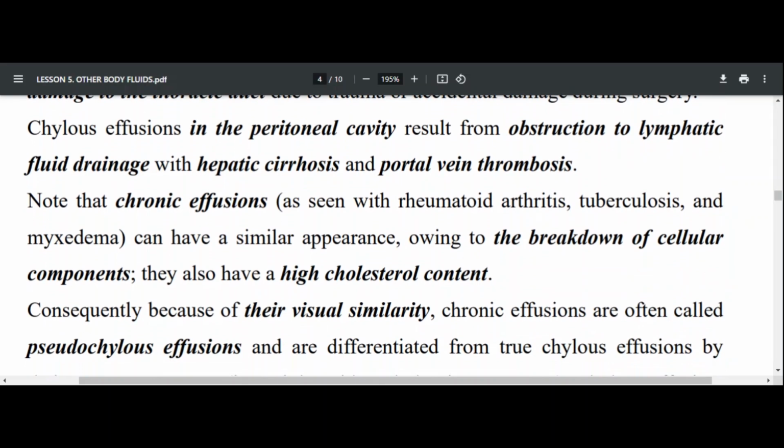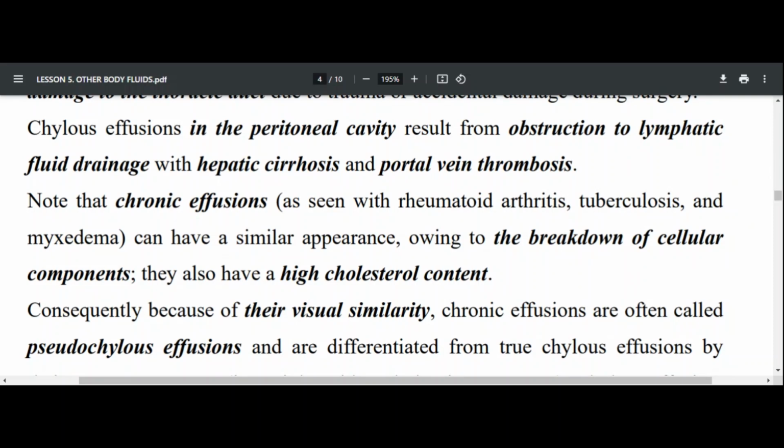But chronic effusions, as normally seen in rheumatoid arthritis, tuberculosis, and also myxedema, can be similar in appearance because of the breakdown of cellular components and a high concentration of cholesterol. Because of the visual similarity, the fluid formed in these chronic conditions is not actually a chylous fluid.